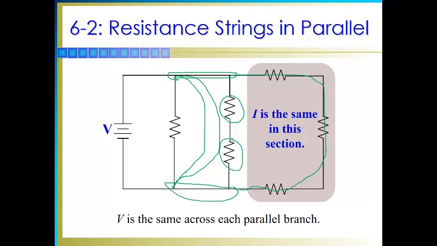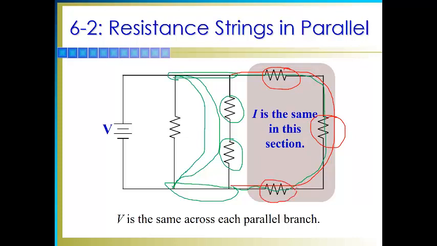Now on this last branch right here, this one has three resistors connected in series, all right? You have that one and that one and this one.